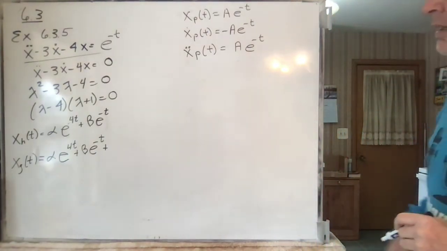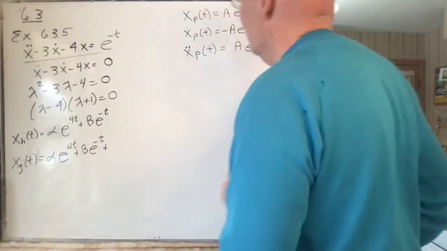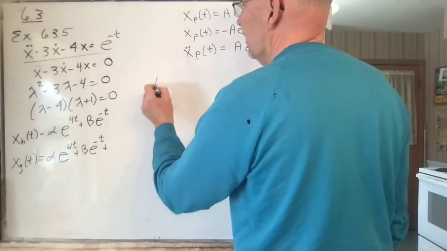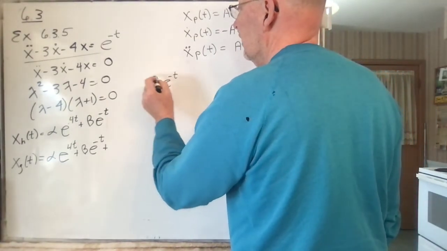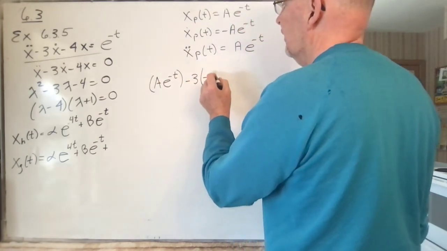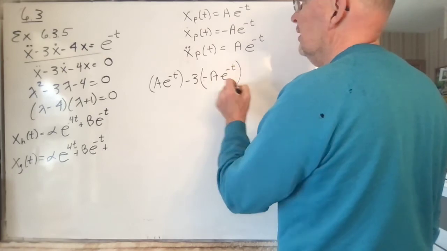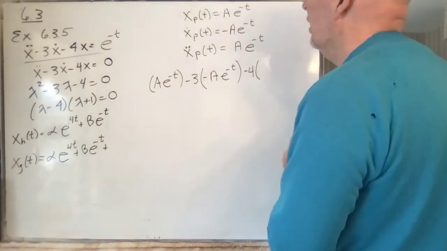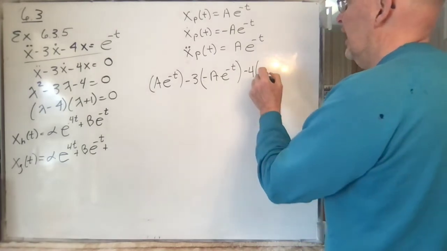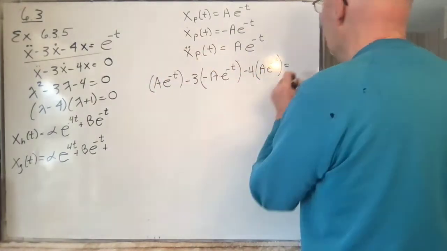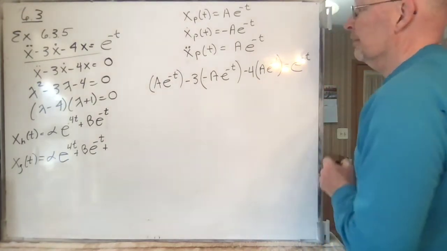So you get that, and you stick it in here, and what does this say? It says the second derivative, so it's going to be a e to the negative t, minus 3 times negative a e to the negative t, that's the first derivative, minus 4 times a e to the negative t, and that all has to equal e to the negative t.